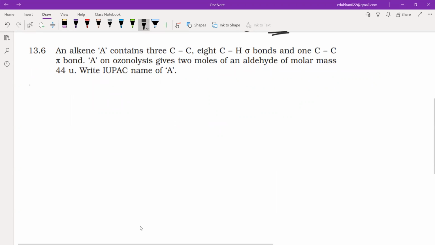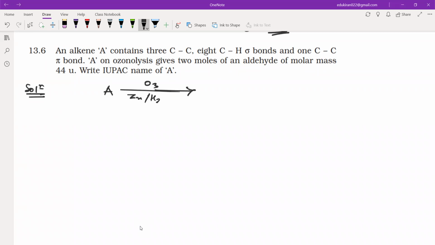So in solution, सबसे पहले देखते हैं, एक A है alkene, and it is giving me O3 ZnH2O, and when I do the reaction, then I am getting 2 moles of a particular aldehyde. Okay, so 2 moles of aldehyde.